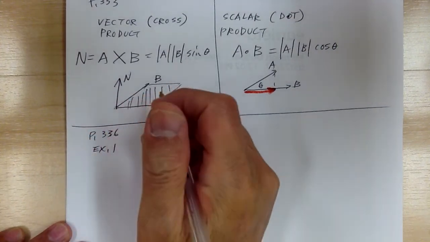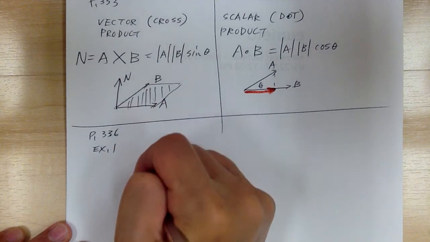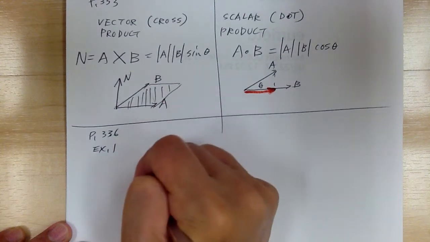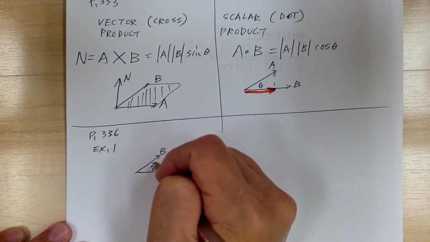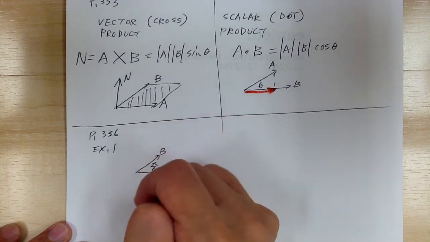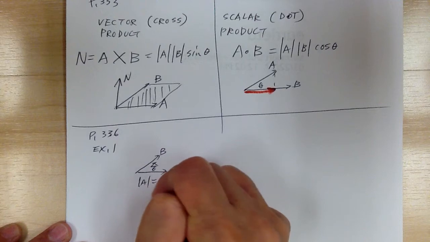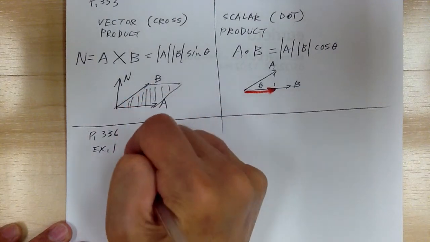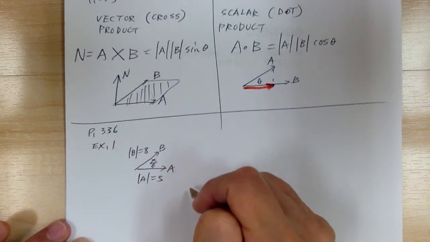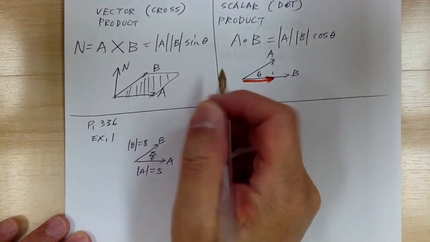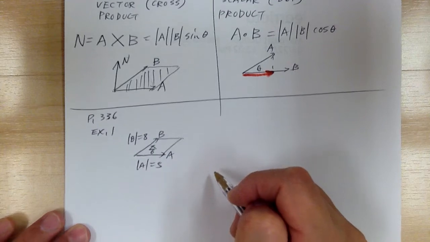Example 1, it says the vectors A and B make an angle of pi/6. So A and B, and the angle is pi/6. The length of A is 5, and the length of B is 8. And you're looking for the area of the parallelogram.